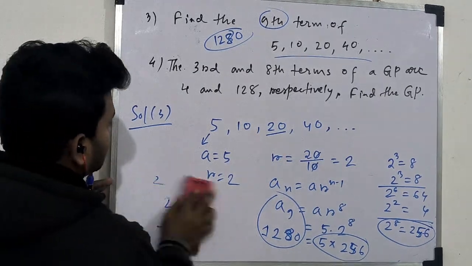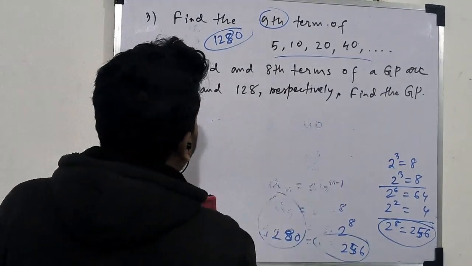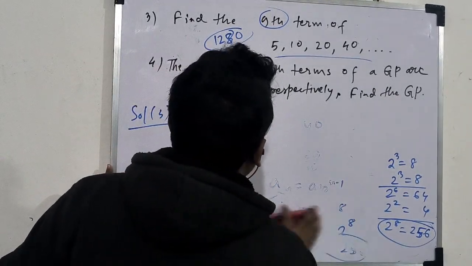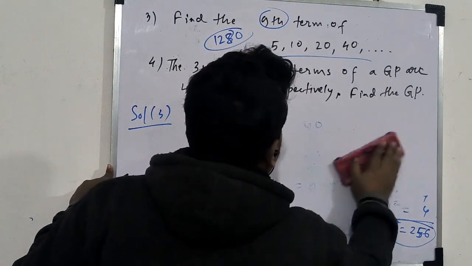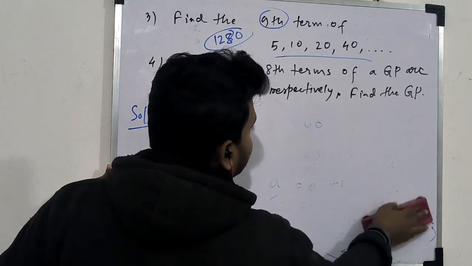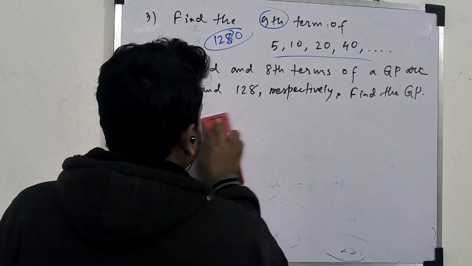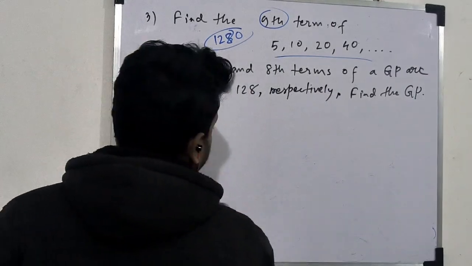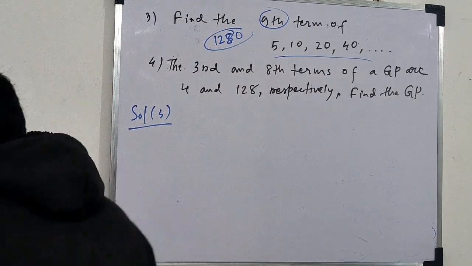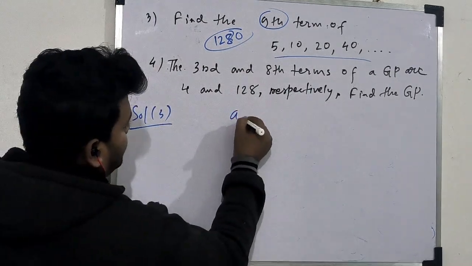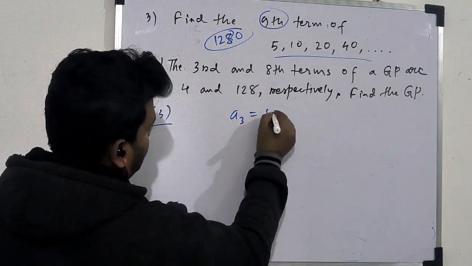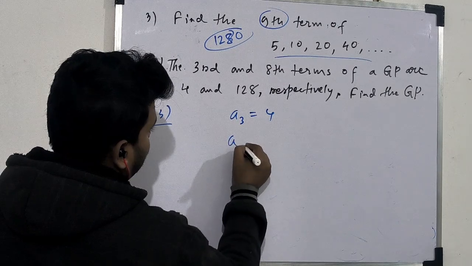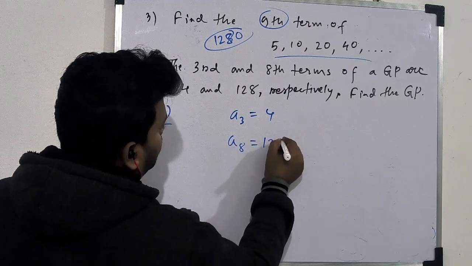And the second problem is very interesting. You are given that the third term is 4 and the eighth term of a GP is 128. So you have to find the GP. Okay, that means you have to find the terms of the GP series. So it is given A3 equal to 4, A8 equal to 128.